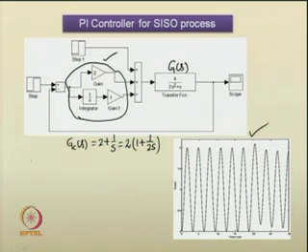Let us consider the system's closed loop transfer function, which can be given in the form of G GC upon 1 plus G GC.